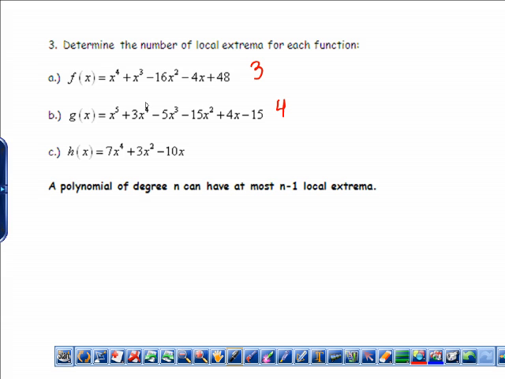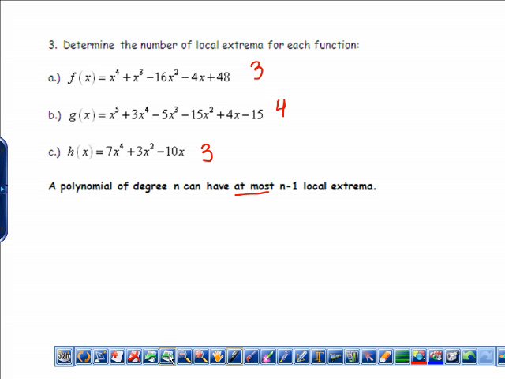So what am I doing each time? Looking at the degree, and I'm subtracting 1. So how many turns or number of local extrema would there be in C? There would be 3. Now when you actually graph these, it may appear on the graph to have less than this. And this is why we say there's at most n-1 local extrema. Okay? And that's because of the whole multiplicity issue.